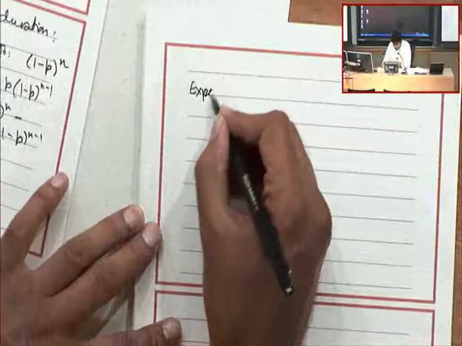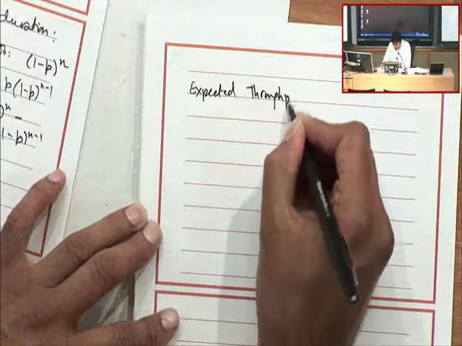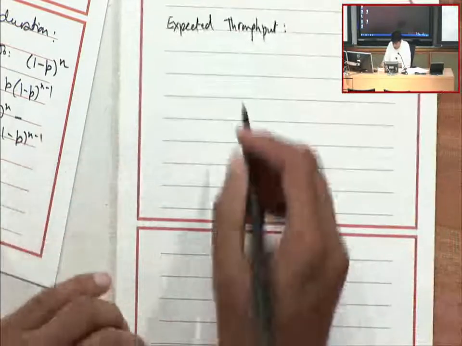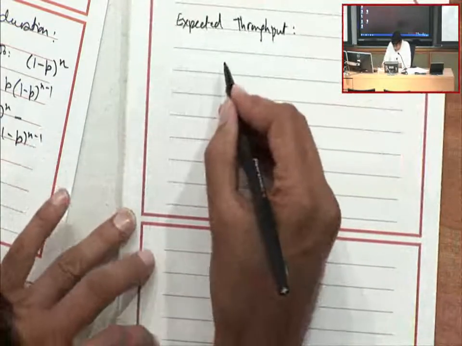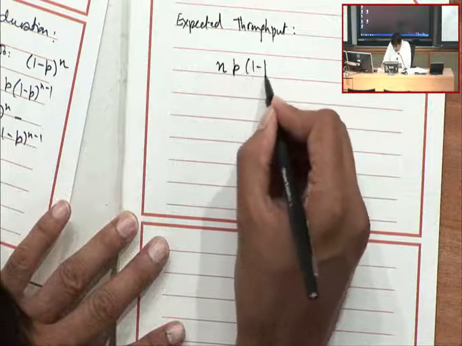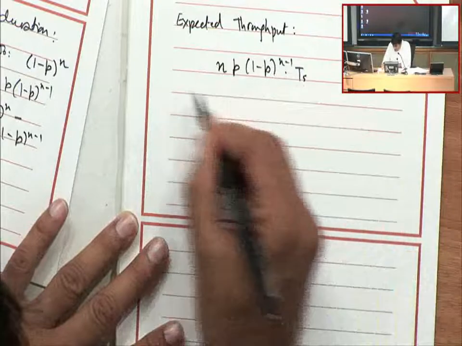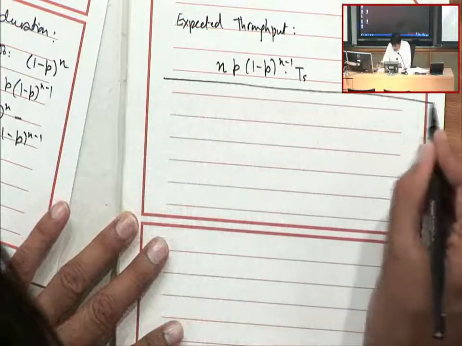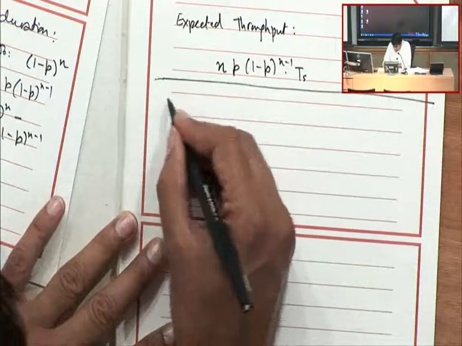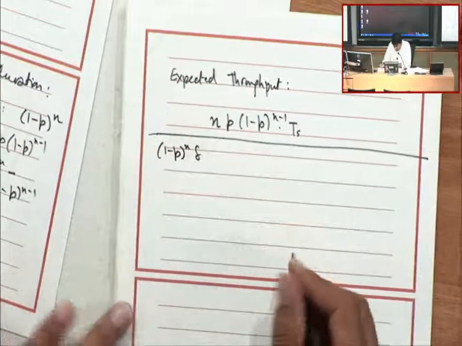This is going to look pretty messy, but let's write it. So the probability of success is n times p times 1 minus p to the n minus 1, times Ts. The expected epoch duration is with probability 1 minus p to the n, delta.